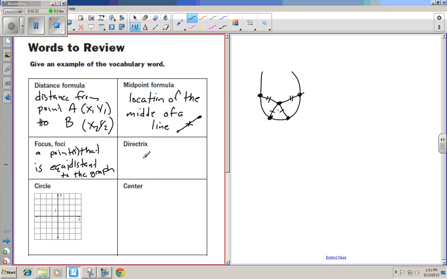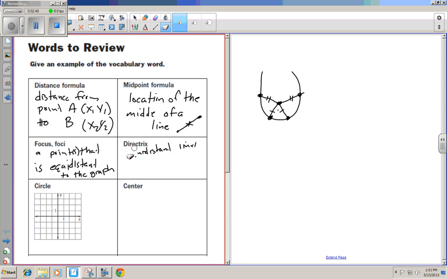Directrix. A directrix is what those points are the equidistant lines. So this right here, like I said, the equidistant line.